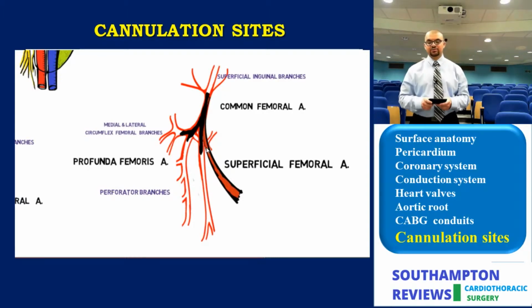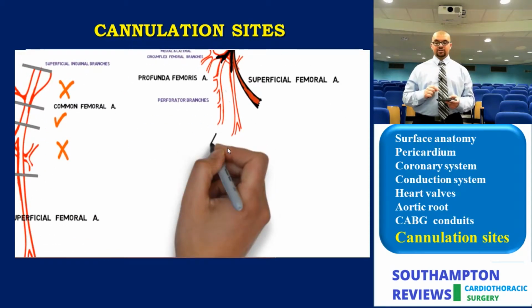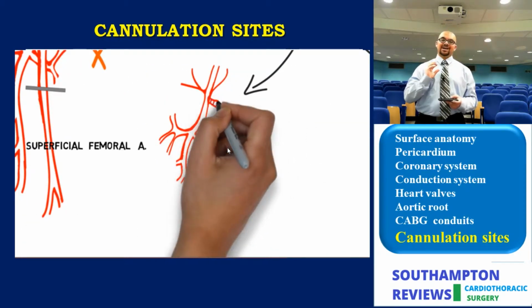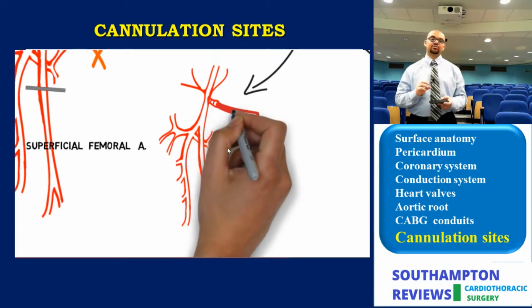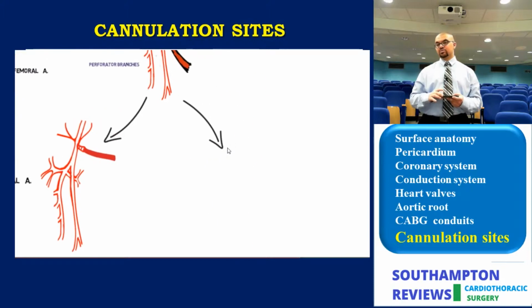The way forward from here, the way to treat this, is you have two options, and this applies again, as I said, to both peripheral cannulation strategies. First option is stitching or anastomosing a tube graft, a synthetic tube graft, to the side of the artery and inserting the cannula through this tube graft.